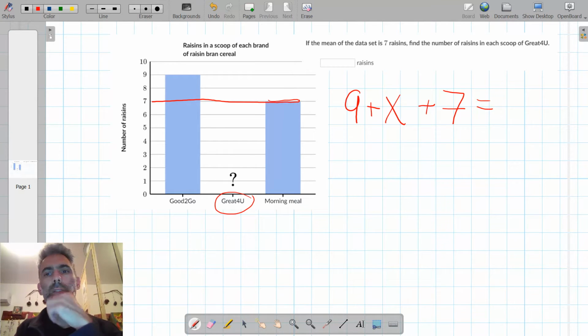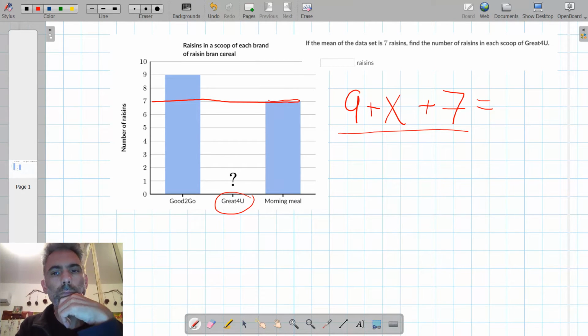So this divided by 3, because we have 3 data points, is equal to 7.